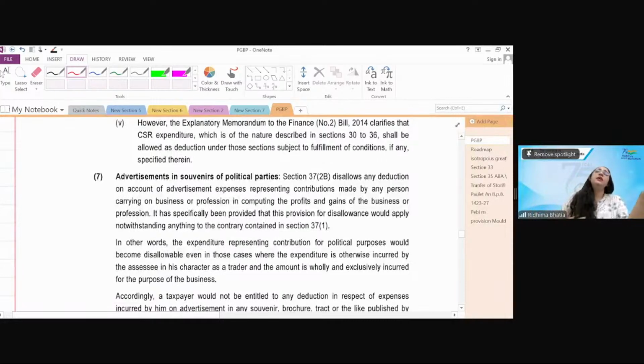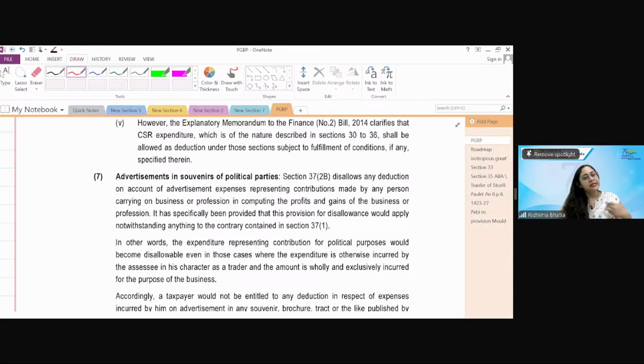Similarly, advertisements. When I'm making any advertisement for business purpose, definitely it's an allowable expenditure. But if I'm making those advertisements in any brochure or pamphlet of a political party, because if you open political party pamphlets, brochures, souvenirs, there is a common column of advertisement, right? If you're making an advertisement of my business in the political party's brochures, pamphlets, or any of their material, that would not be allowed as business expenditure.